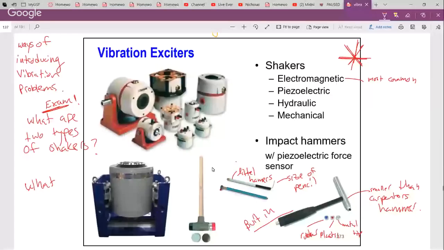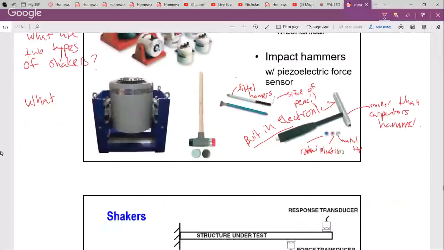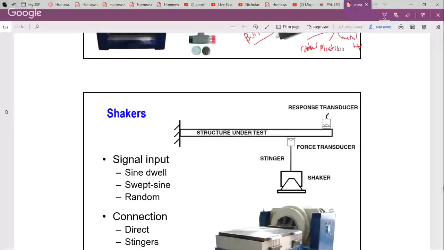All right, so let's talk about shakers. Electromagnetic shakers are the ones we're going to talk about. There's basically 3 points that I want to make. One is the middle point here. There are different ways we can connect shakers to structures.